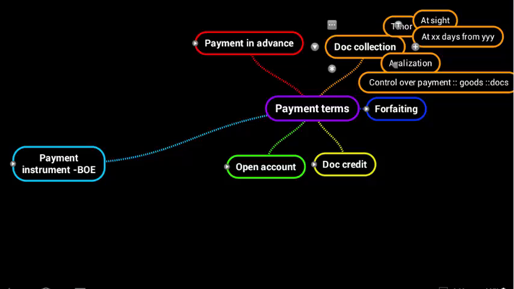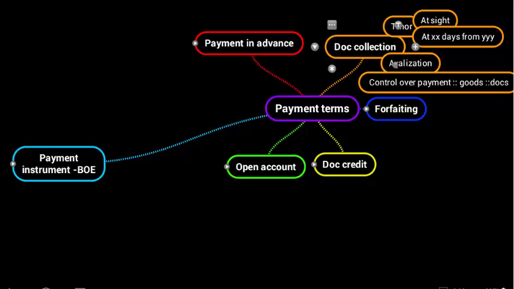If there is no control over goods in the form of control over documents, then we don't have this comfort. Also, even if there is control over goods in the form of control over documents, that is, the documents are consigned to the bank, if we have a situation where it is say 60 days from shipment, and if the documents are accepted by the party, and if the documentary delivery terms state that against acceptance the documents could be delivered, there is a chance that the buyer will take the documents from the bank, release the goods and sell them in the market, but may not pay on the 60th day.